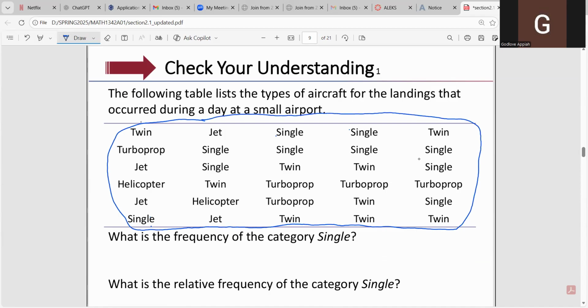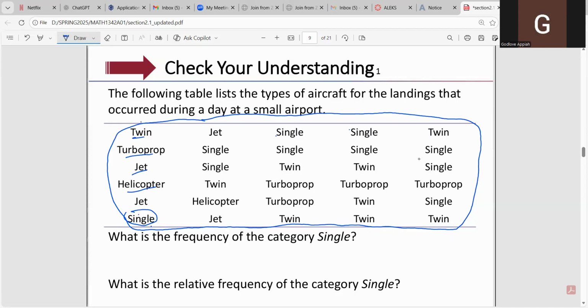And furthermore, you can categorize the observations into different categories. So the categories in this data set would be twin, turboprop, jet, helicopter, and single. So there are 1, 2, 3, 4, 5 categories in this data set. All right, so we would use this data to answer the questions that follow.